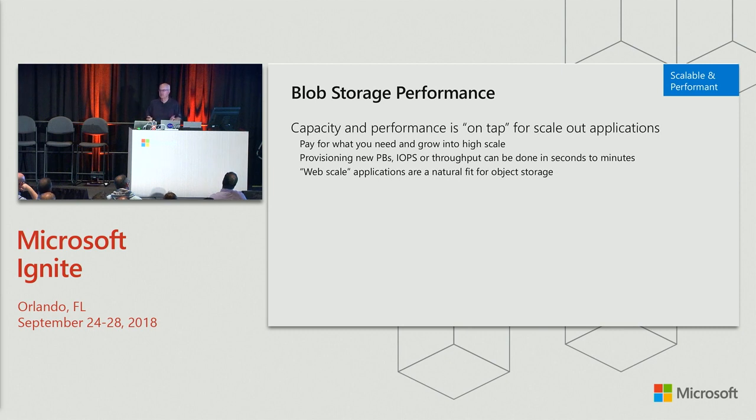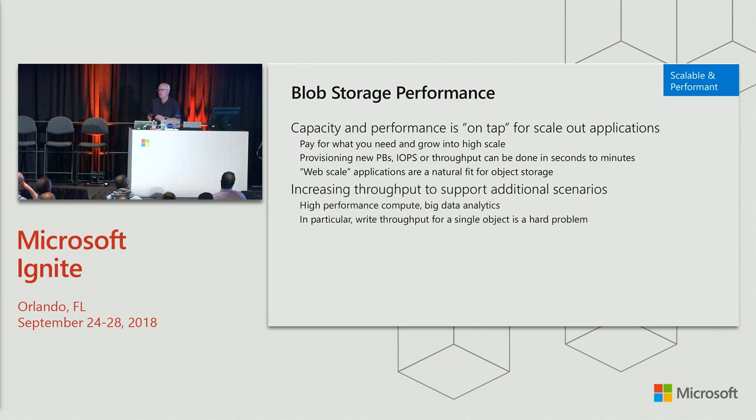Now, we do have customers who are asking us to provide additional throughput, especially to a fewer number of objects. So they want massive throughput to like a single object, to drive high-performance compute and big data analytics for things like genomics, autonomous driving, and scenarios like that. We're going to talk about that in more detail in a second.